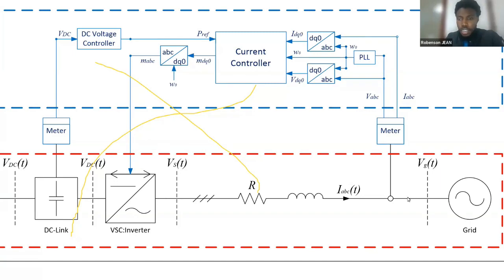If at this point the voltage was not exactly equal to the voltage of the grid, in the next iteration the voltage will be closer to the voltage of the grid. This iteration repeats until the output voltage of the inverter is equal to the voltage of the grid. So globally, this is what happens. If I had to explain all the mathematical details we have inside, it would take so long. But globally, this is what happens.